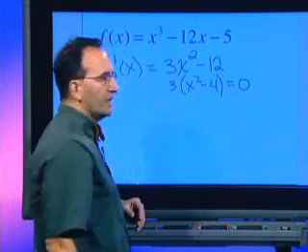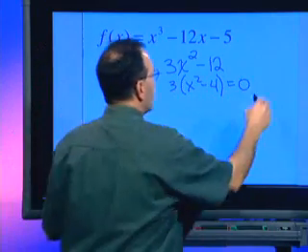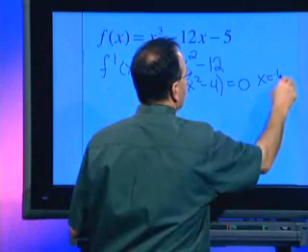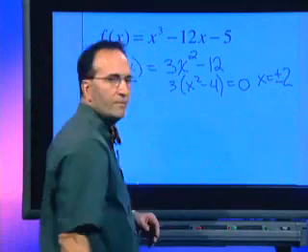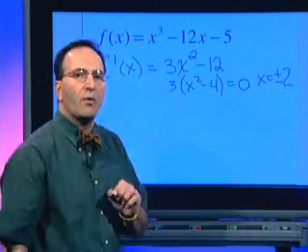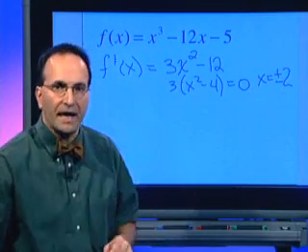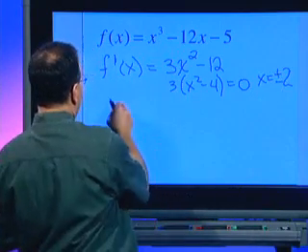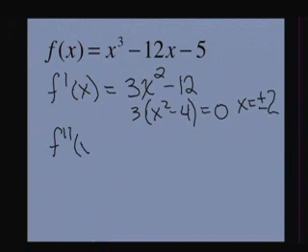Set it equal to 0, and we find that it's when x equals plus or minus 2. So we know those are the points we're going to check out. We need to find the second derivative. F double prime of x equals 6x.